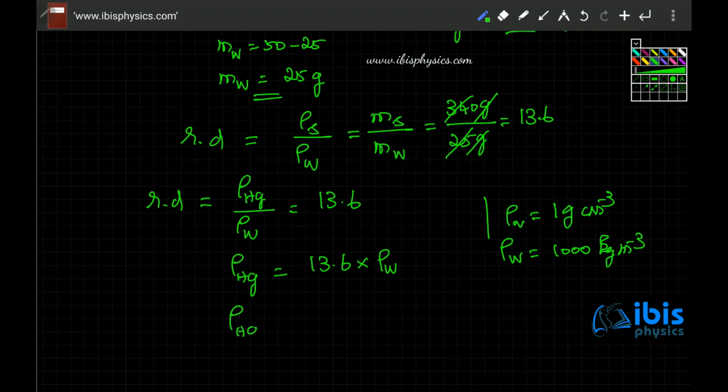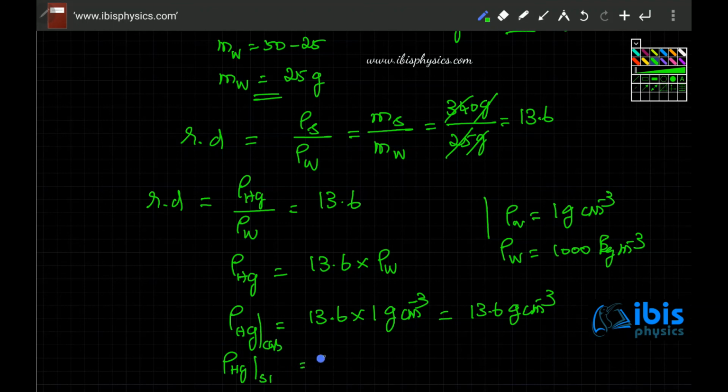So the density of mercury in the CGS system is 13.6 gram per centimeter cube. In the SI system, it equals 13.6 into 1000 kilograms per meter cube, that is 13,600 kilograms per meter cube.